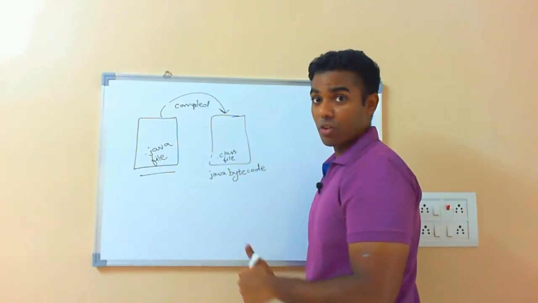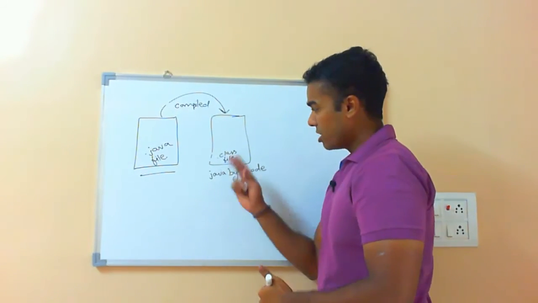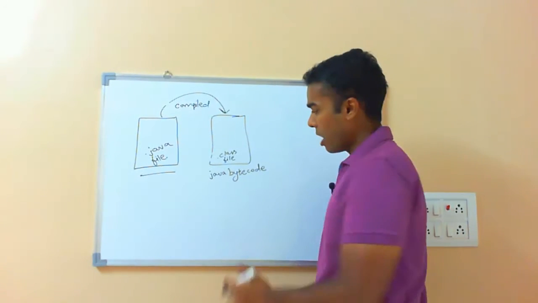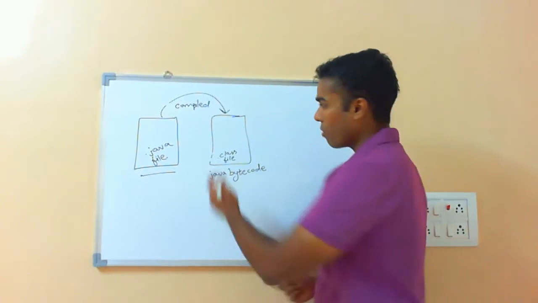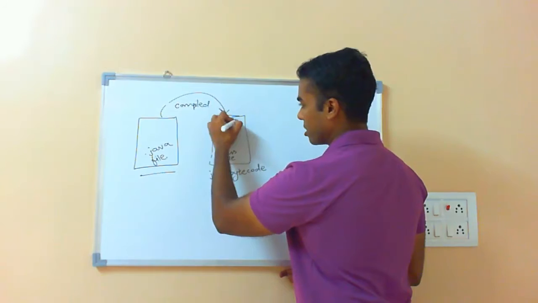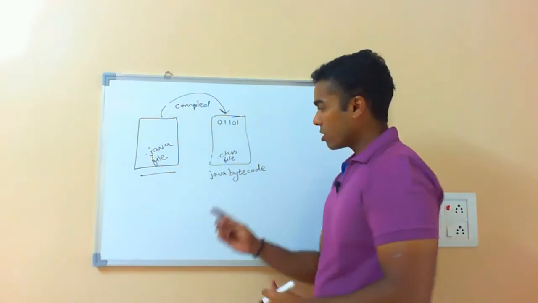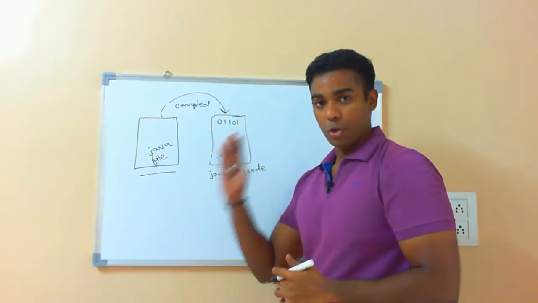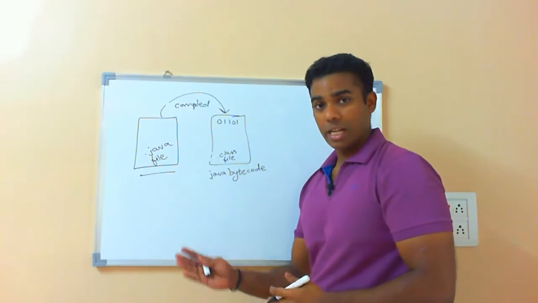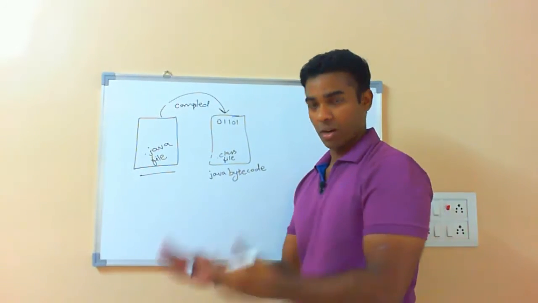One of the main features of Java is security. This .class file, no one can read it, and this Java bytecode consists of zeros and ones. Why zeros and ones? Because computers do not understand human language. They only understand binary digits, that is zeros and ones.